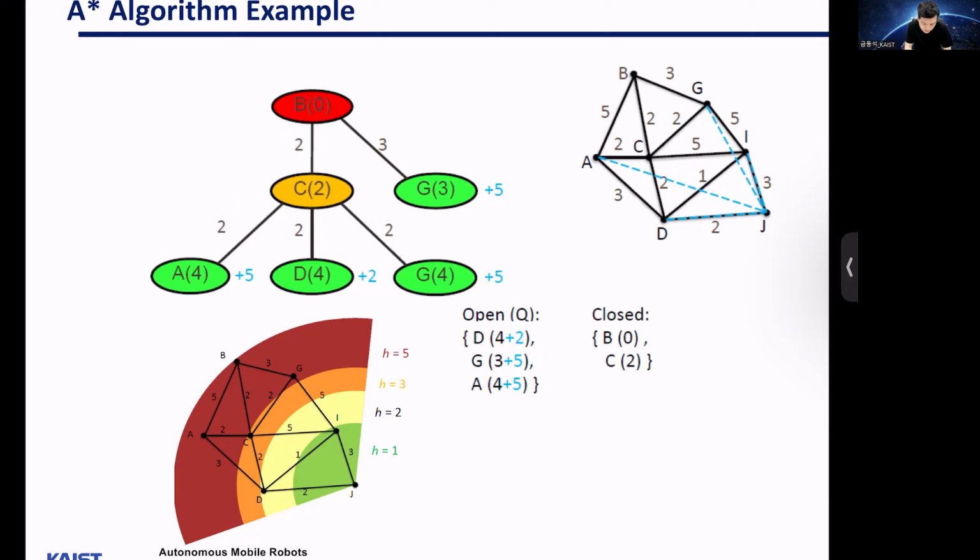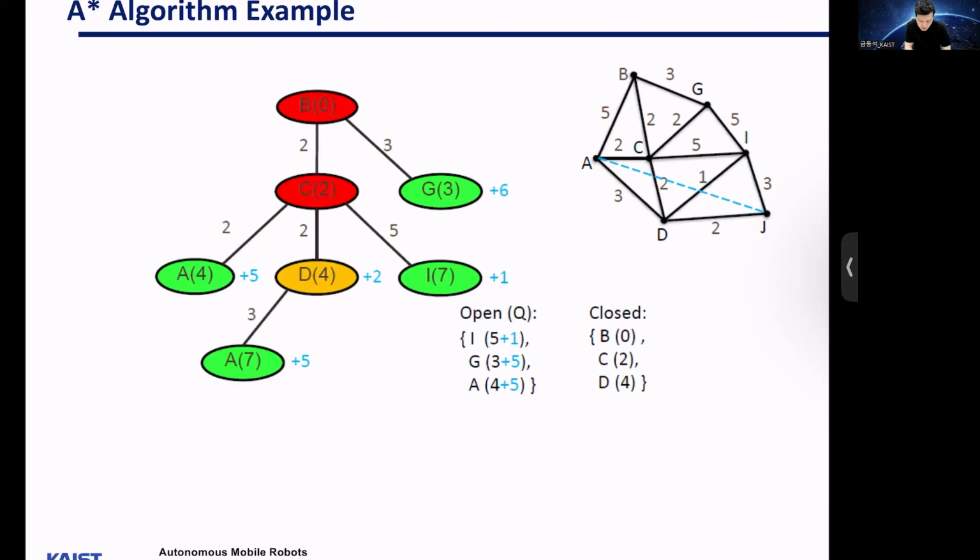And then we can move to G, which is here, and that's going to be 9, right? Where we already have this G3 plus 5, so that's better. So we don't need this anymore.